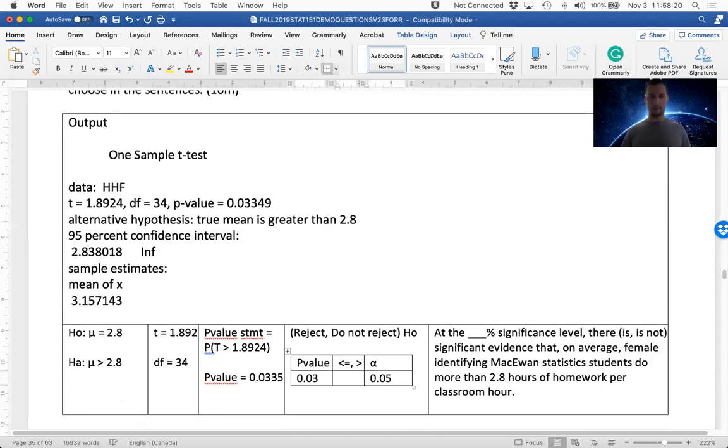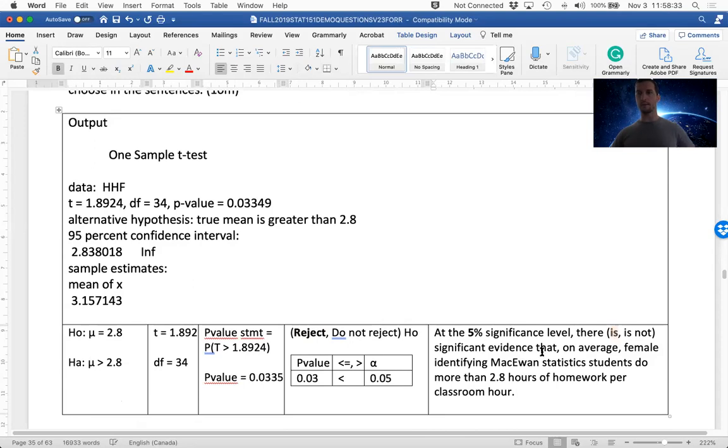This is less than 0.05, so we can reject. So then we can say at the 5% significance level, there is significant evidence that on average, female identifying McEwen students do more than 2.8 hours of homework per class hour.